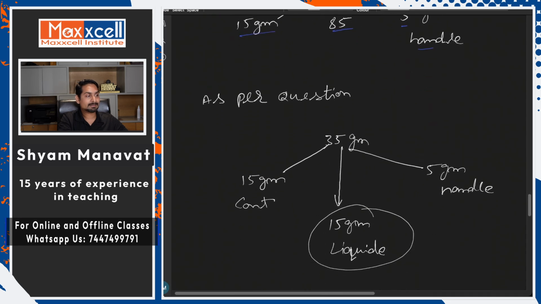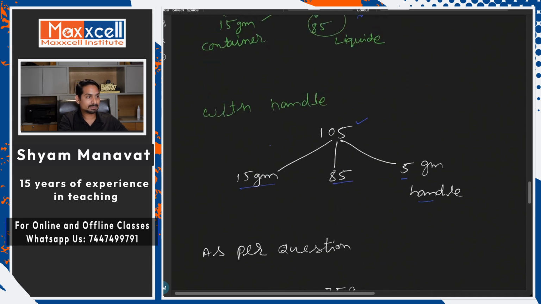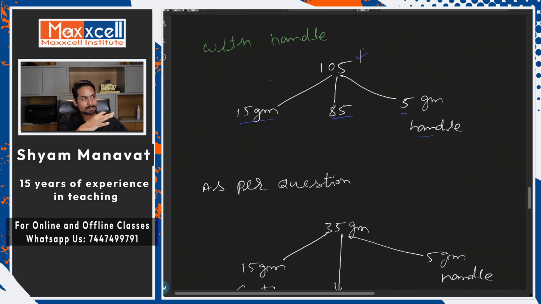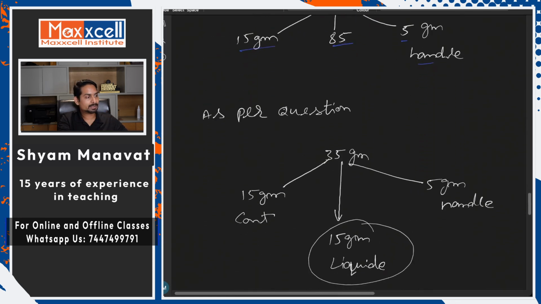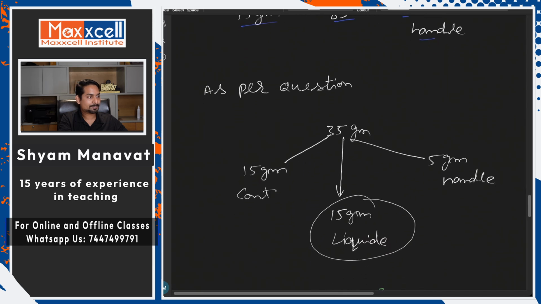Now the question said 1/3 of this 105, when you fill partly, it is 1/3 of the weight including handle. So 1/3 of 105 is 35.